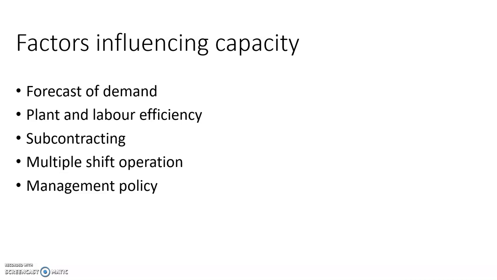Management policy, which is the fifth one, also affects capacity planning. Management policy with regards to subcontracting, multiplicity of shifts, which workstations or departments to run for third shift, machine replacement policy, etc., all affect the capacity planning.